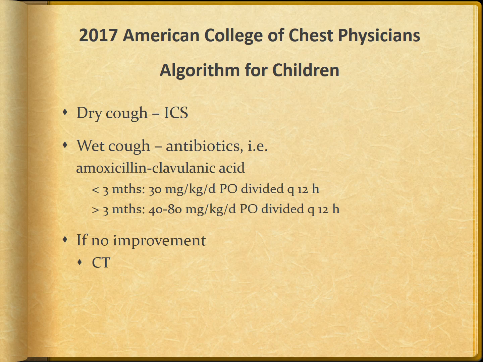Okay, if the patient comes in and their cough is productive, consider giving some antibiotics. So we start with Augmentin, that is amoxicillin with clavulanate, again dosing according to weight. And if no improvement, then you want to go ahead and perform a CT scan.